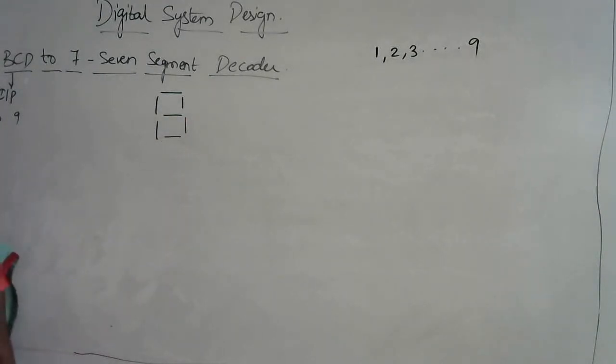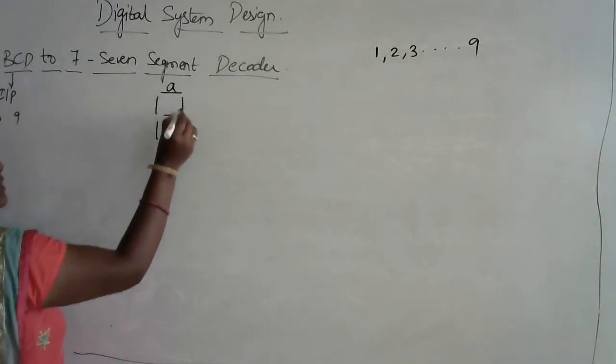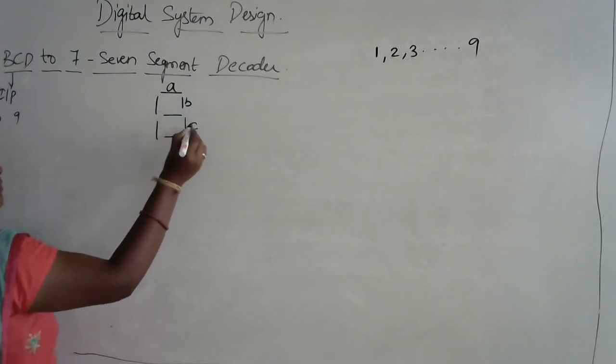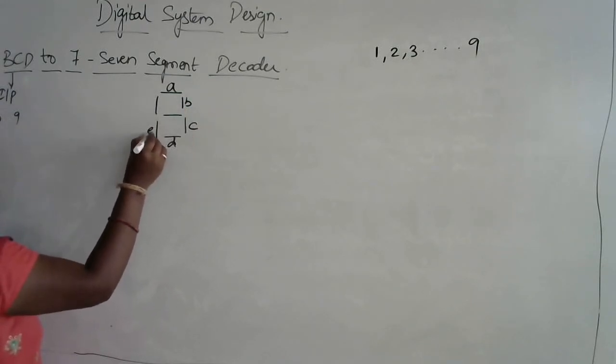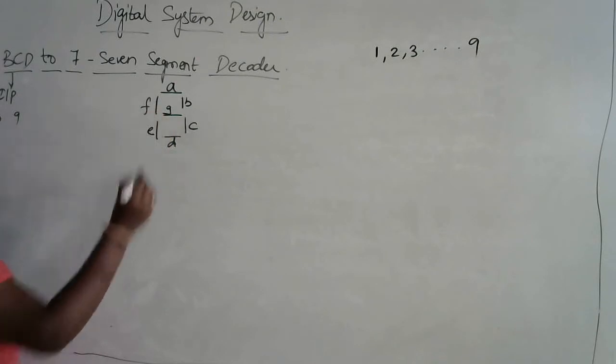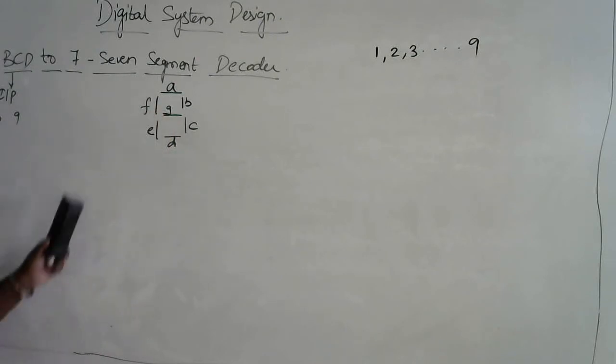Here we use the alphabets A to F: this is A, this is B, this is C, D, E, F and G. This is how to represent a 7 segment display in general.